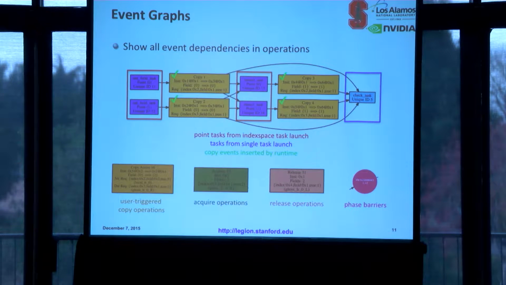And this graph is more comprehensive in the sense that it covers more types of operations, like acquire, release, and even phase barriers between the operations. I'm not going to talk in detail about this, but I'll explain these later in the talk. Actually, in the next talk.